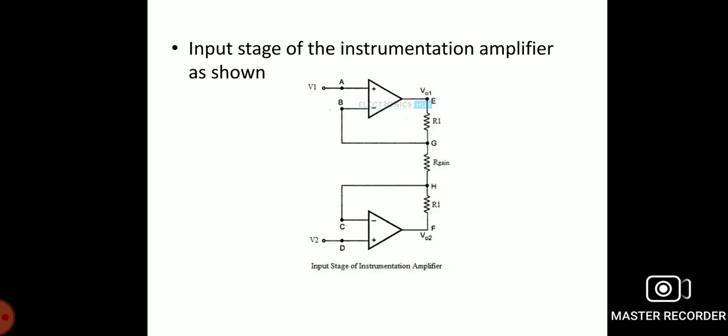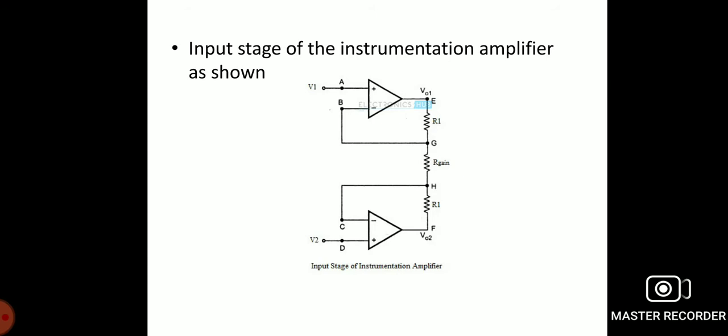Ideally, the current into the input stage op amp is 0. Therefore, the current I flows through the resistance R1, R gain and R1, and remains the same. Applying Ohm's law between the nodes E and F, I equals (V01 minus V02) divided by (R1 plus R gain plus R1).